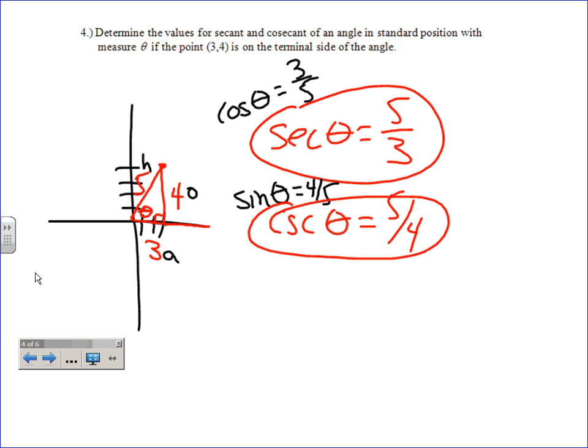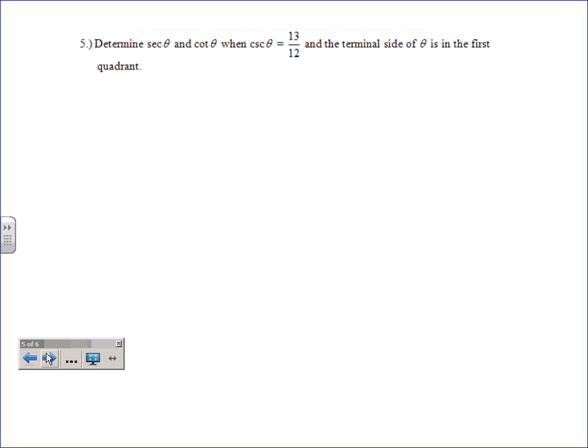So any questions? All right, why don't you take a look at this one? So this one's slightly different. I didn't give you a point, but I did tell you one bit of information about theta. Actually 2. I told you it's in the first quadrant, and I told you cosecant is 13 over 12. Did I tell you exactly where in the first quadrant?